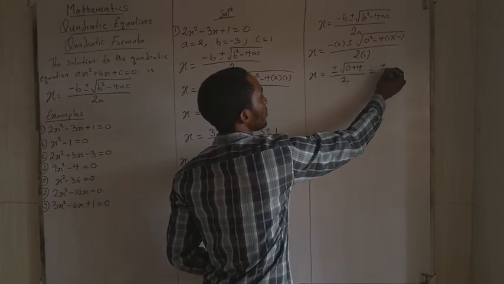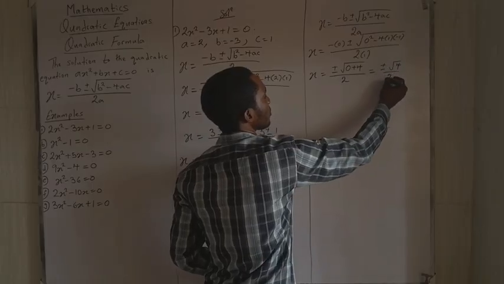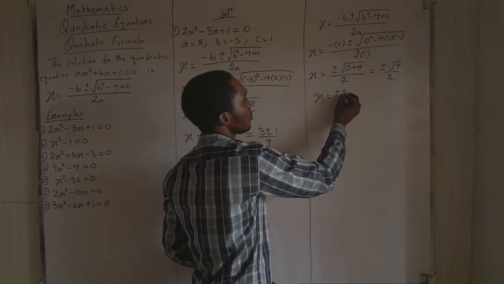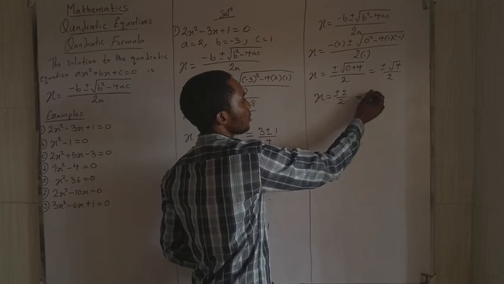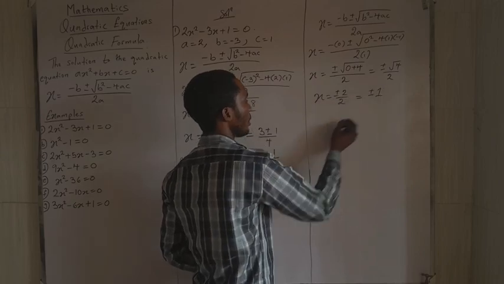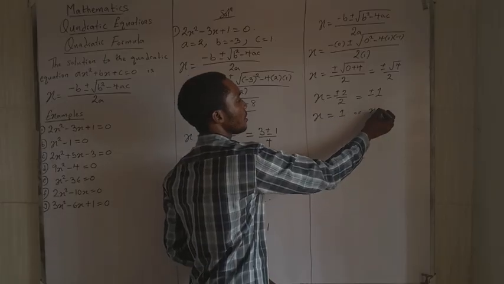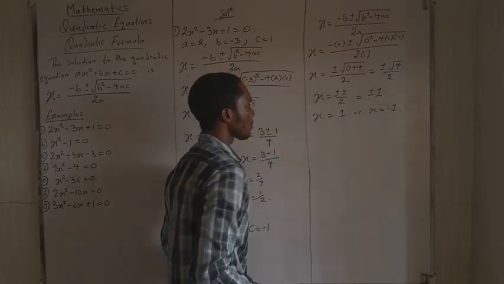This is plus or minus the square root of 4 over 2. We have x equals plus or minus 2 over 2, which equals plus or minus 1. That means x equals 1 or x equals −1.